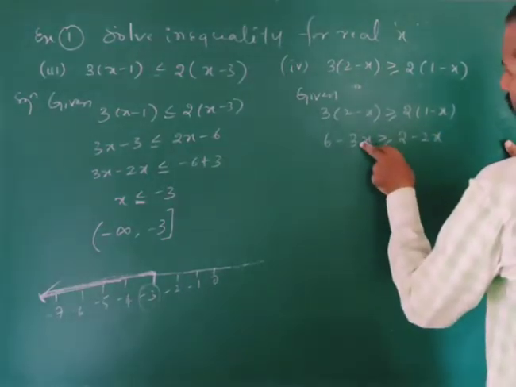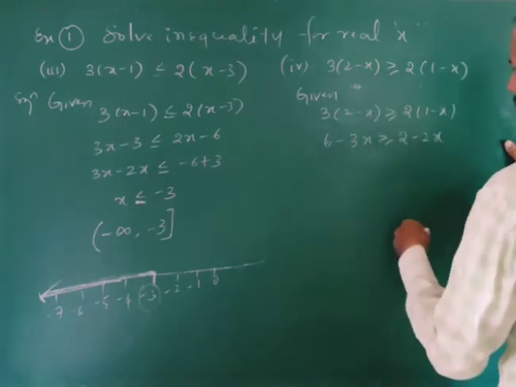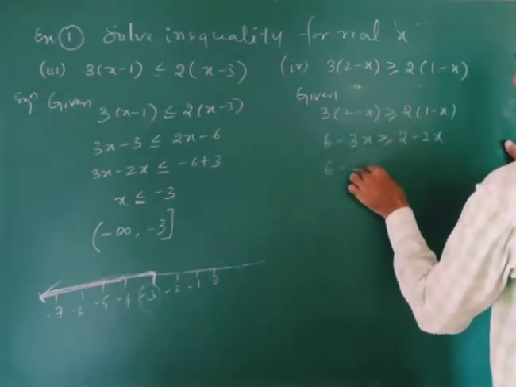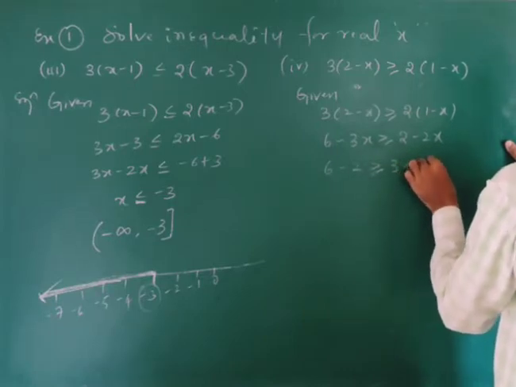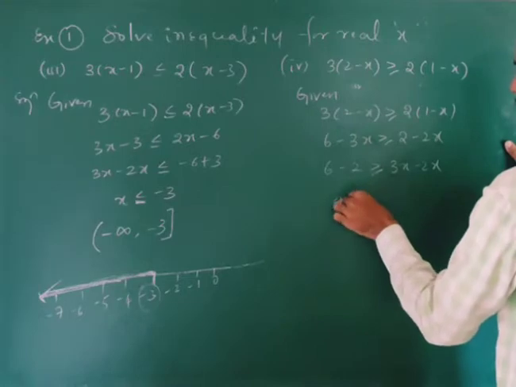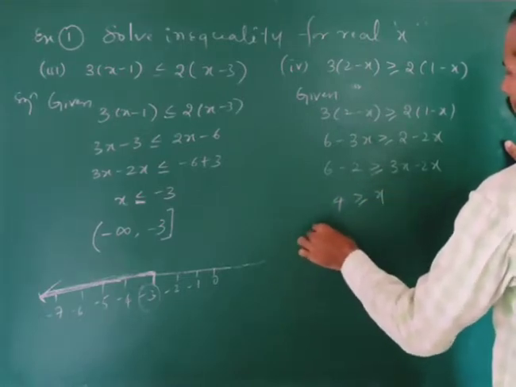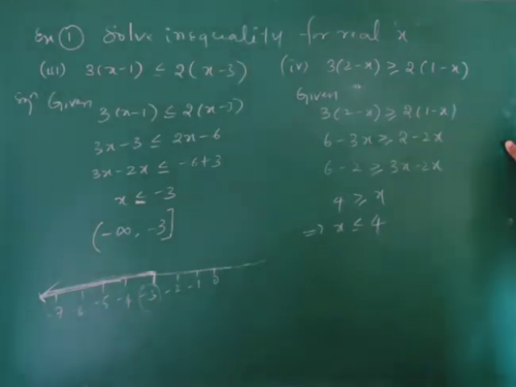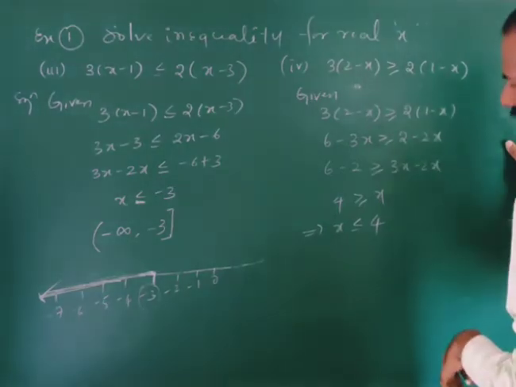Now take plus 3x on the LHS, what does it become? 6 minus 2 greater than or equals to 3x minus 2x, therefore 6 minus 2 is 4 greater than or equals to x, which implies x is less than or equals to 4. So how do you write x less than or equals to 4?